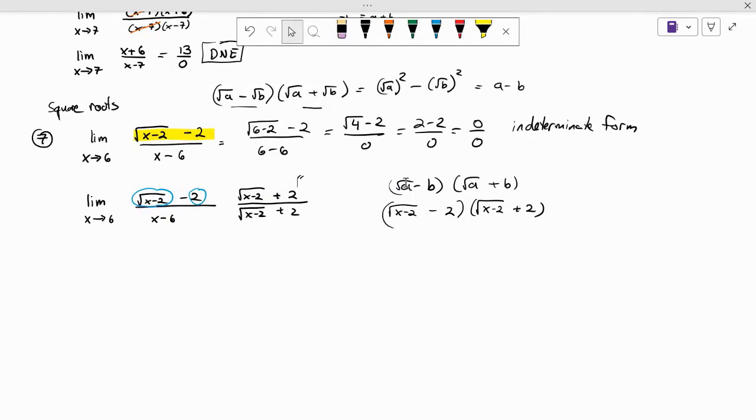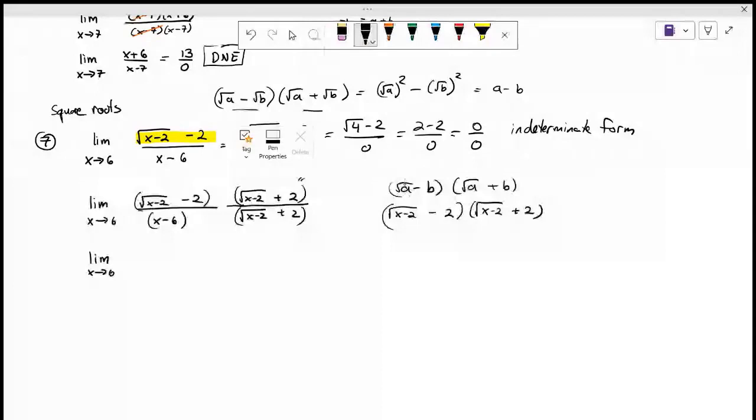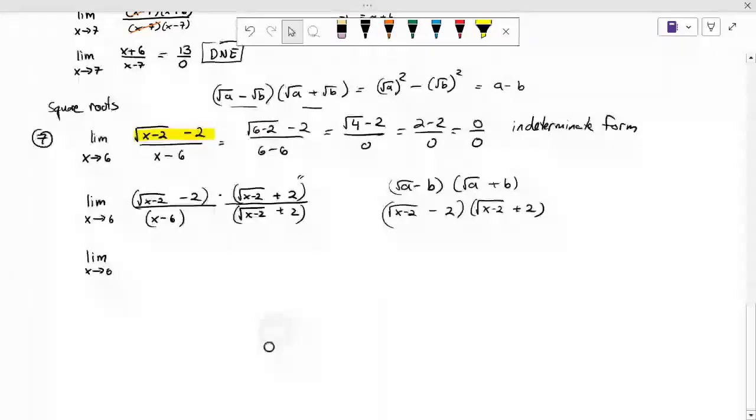Okay. So here we put parentheses. And when you multiply fractions, you multiply across, right? So you multiply the two numerators together.